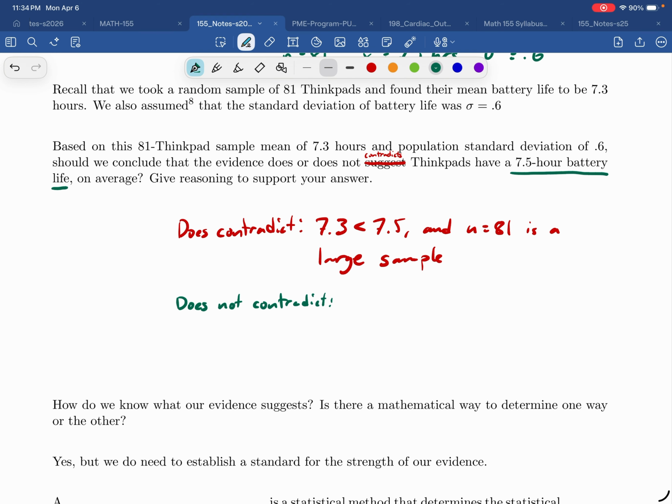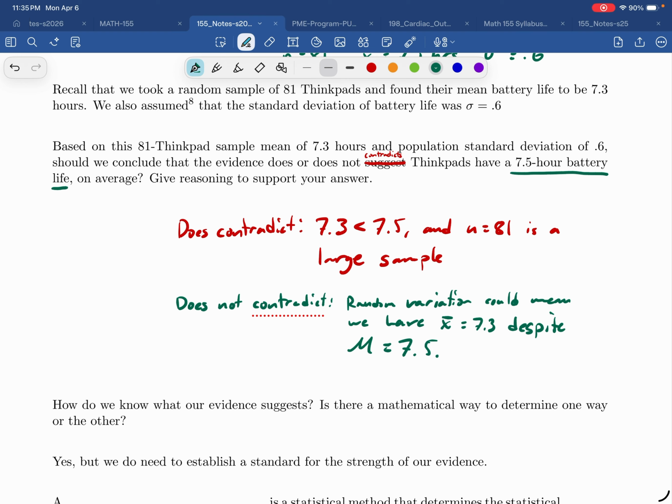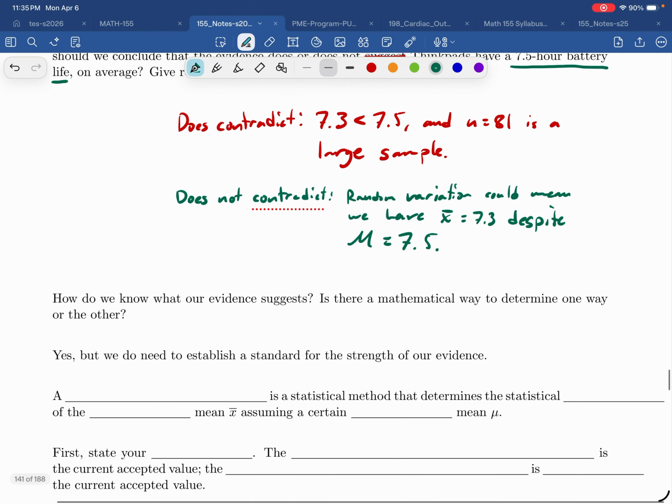And maybe that's because random variation could mean we have x bar equals 7.3 despite mu equaling 7.5. So either situation's possible. Let's see what the data actually suggests.